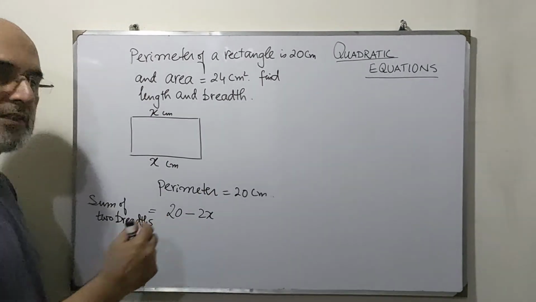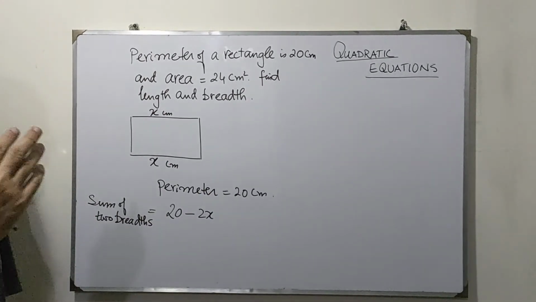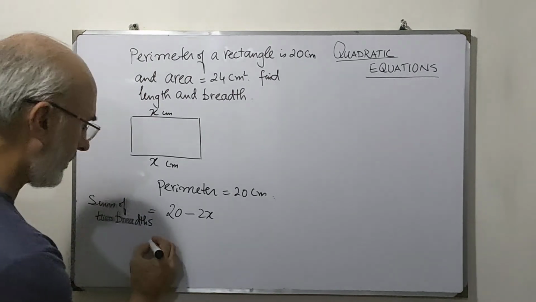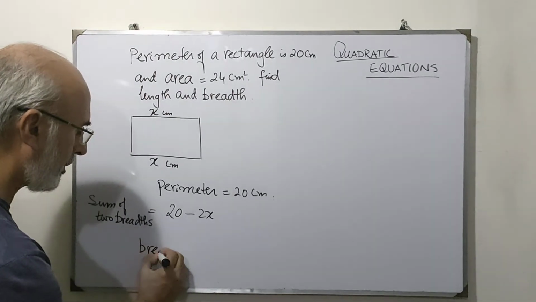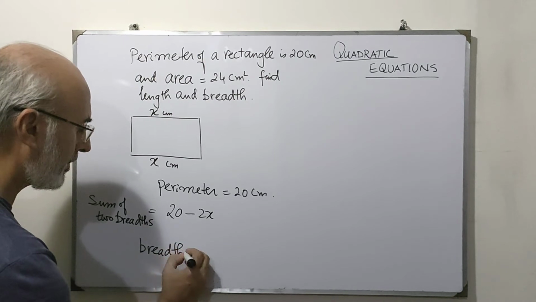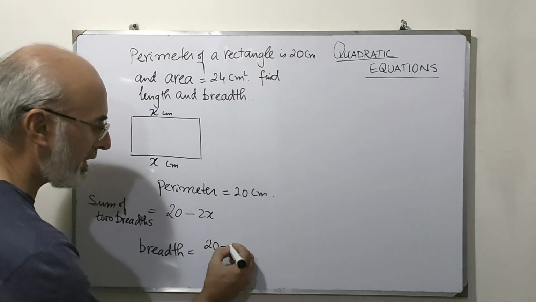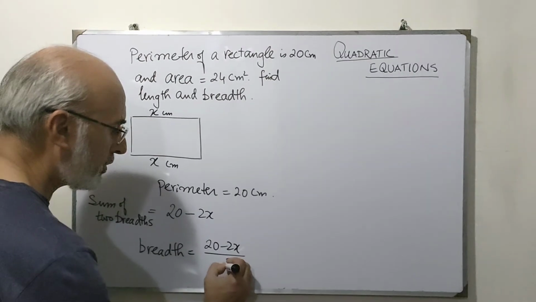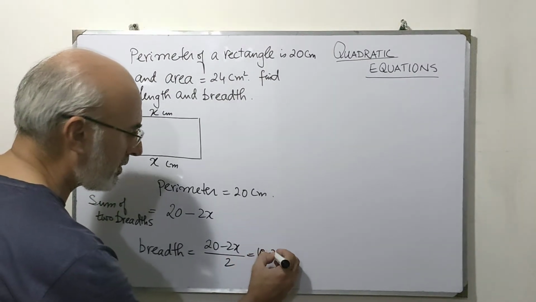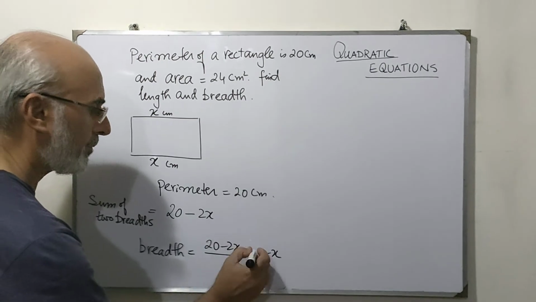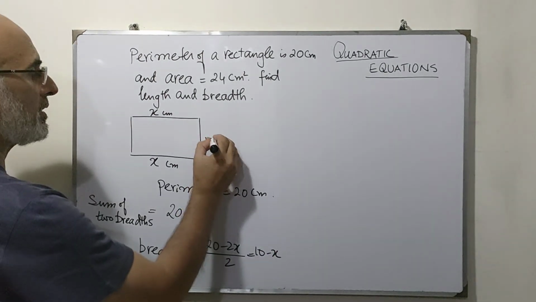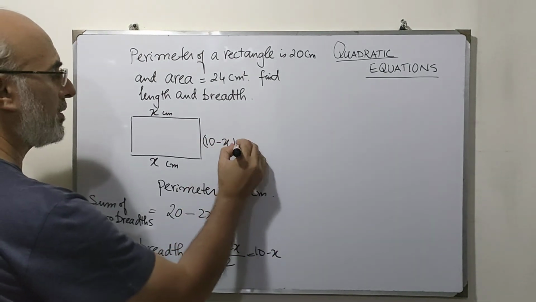I subtracted the length from it, and what is left? The sum of two breadths. So what will be the breadth? Because this is the sum of two breadths, I am going to do 20 minus 2x divided by 2, which is equivalent to 10 minus x. Okay, so it is 10 minus x cm.